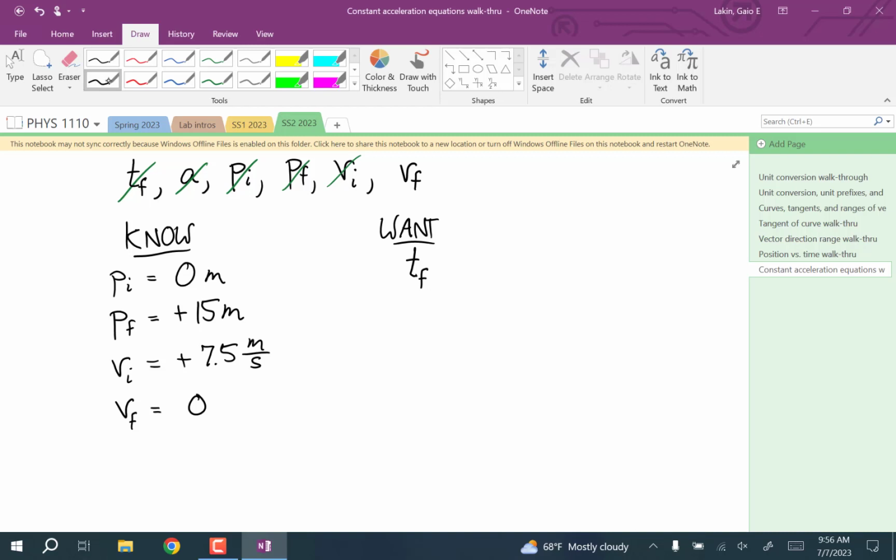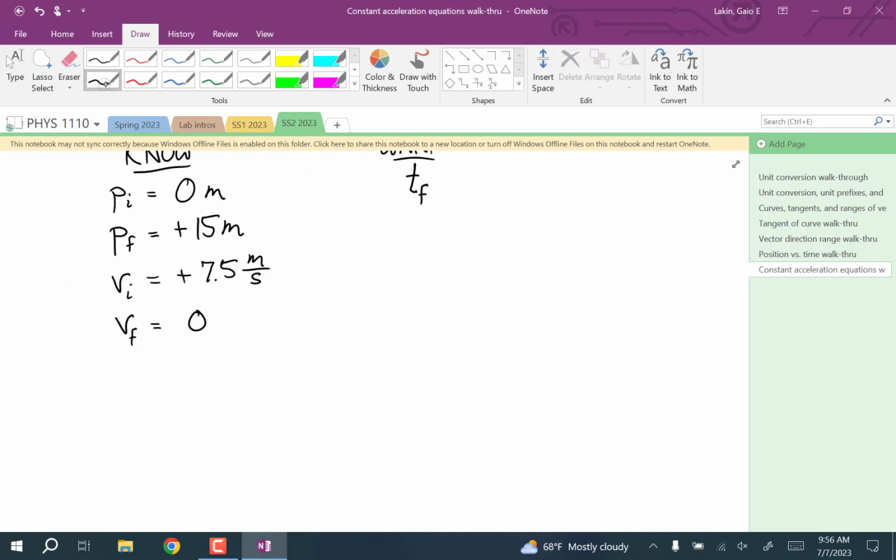So the next thing we need to figure out is whether there's an equation that lets us solve for TF, that has TF in it, and everything else in it is known. So look through those 3 constant acceleration equations and see if there's an equation that would let us solve for TF. Pause the video and look through and see if you can figure out the answer to that.